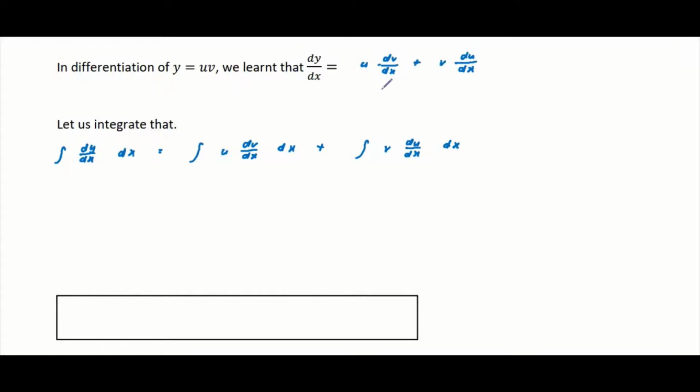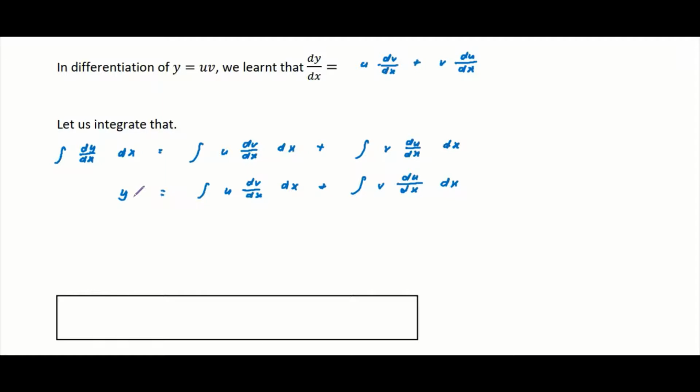All right, so when I continue, what do I get? When I integrate dy/dx, you should be able to get back to y, right? Then I have u dv/dx and v du/dx, which I can't continue to do anything with, so I'll just copy it. Now you can see that the terms on my right hand side are all in the form of v, u, and x.